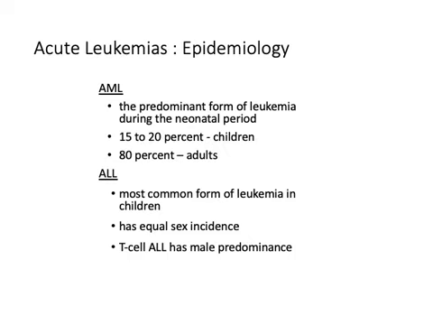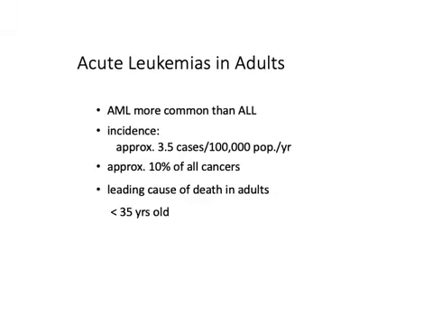However, T-cell ALL has male predominance. So AML is more common than ALL in the adult, and it represents worldwide approximately 10% of all cancers. However, it is the leading cause of death in adults less than 30 years old.